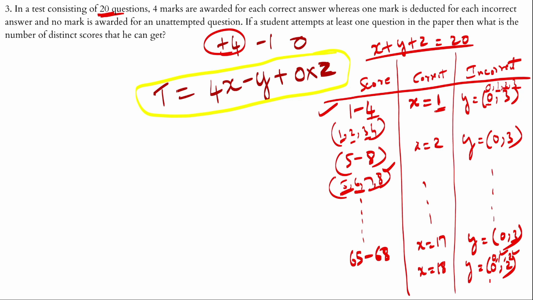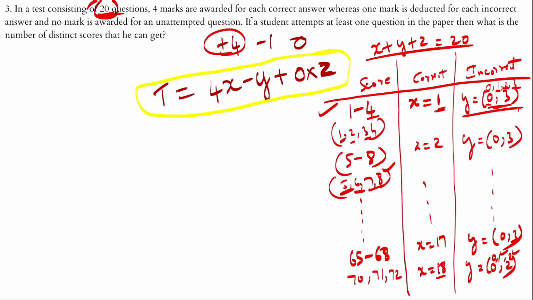If y takes 0 to 3, like in this case, then it is 0, 1, 2, 3. Then 18 plus 1, which is 19, plus 1, which is 20, plus 1, which is 21, which is impossible, because we have only 20 questions maximum. Clear? So the score range will be 70, 71 and 72.